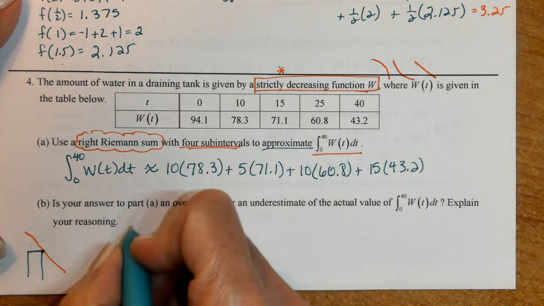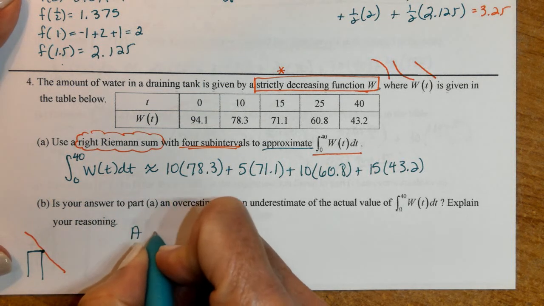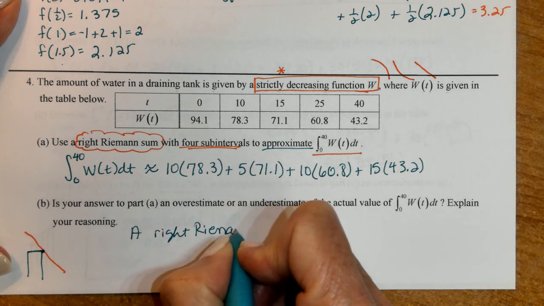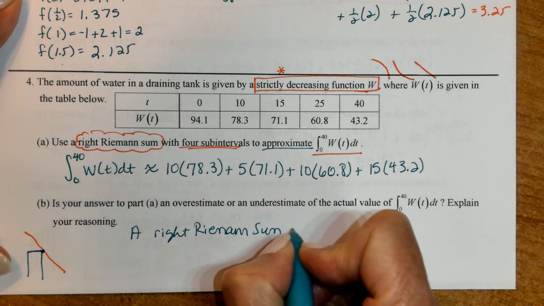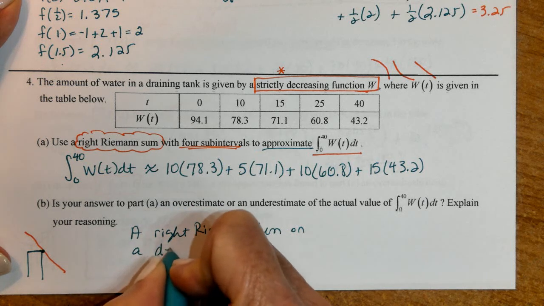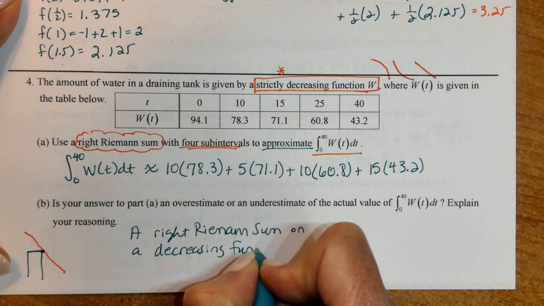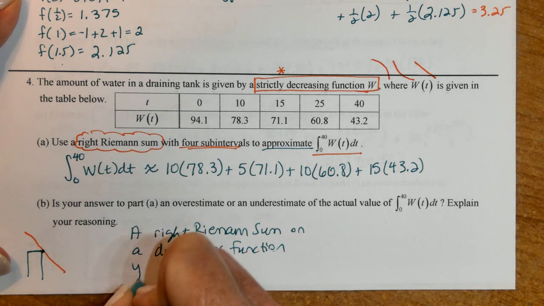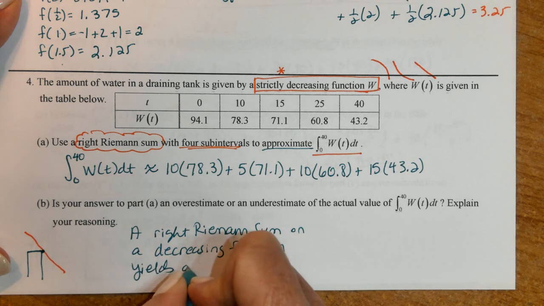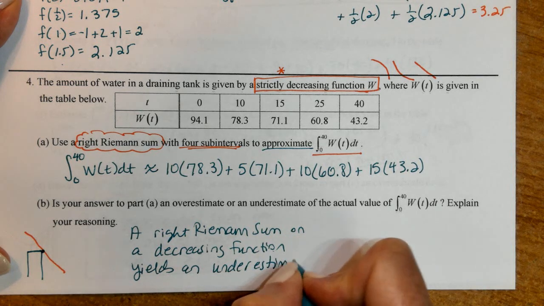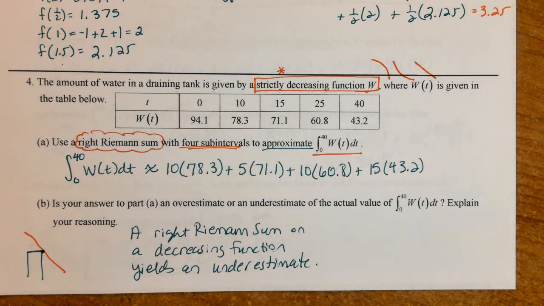So I'm going to say a right Riemann sum on a decreasing function yields an underestimate. And I'm good.